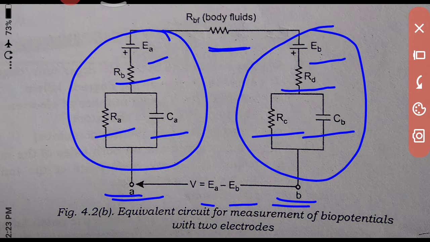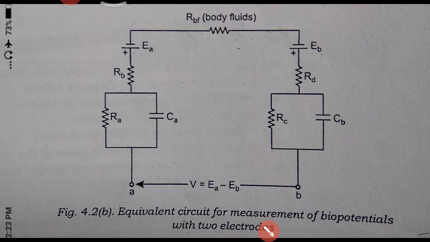Now we want to see the polarization effect and the non-polarization effect. Polarization effect means that without applying any external voltage, external force, or external pressure to the electrode, no net EMF is generated across the output of the electrode.